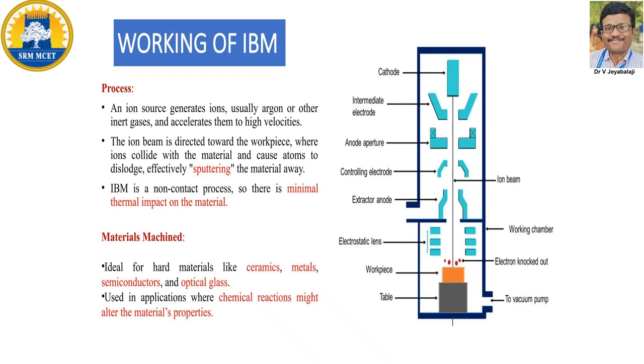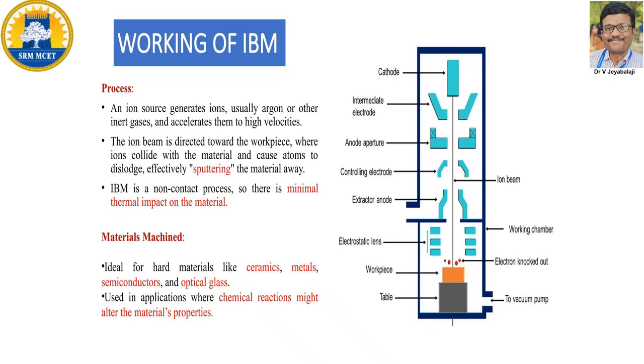The ion source generates ions, usually argon or other inert gases, and accelerates them to high velocities. The ions are directed towards the workpiece, where they collide with the material and cause atoms to dislocate effectively. This process is called sputtering.